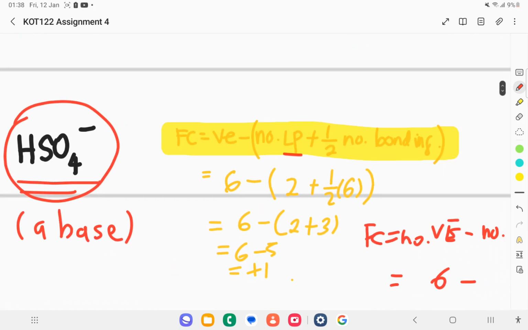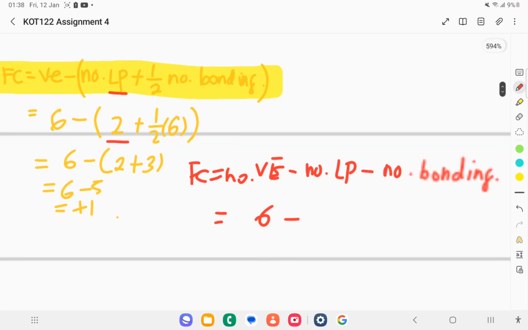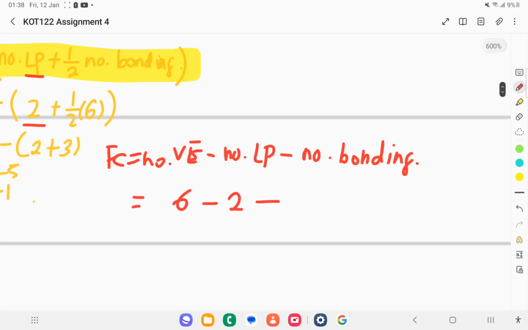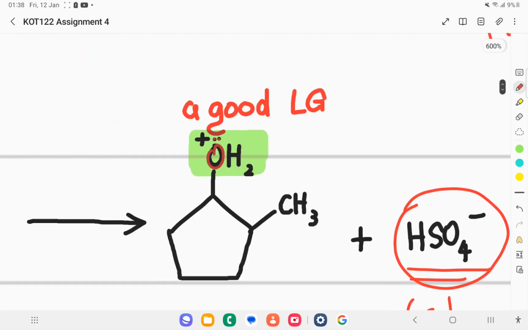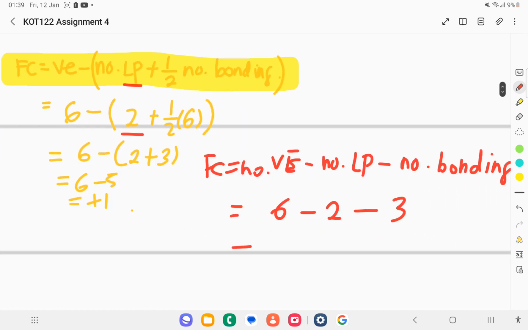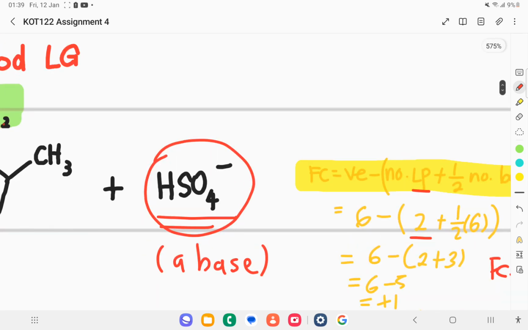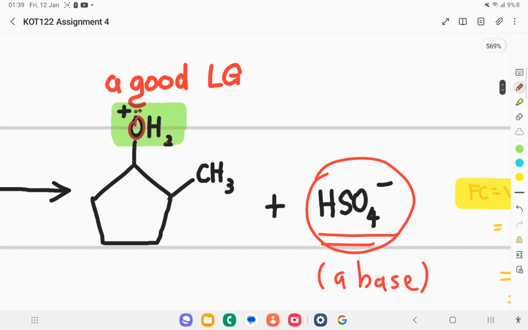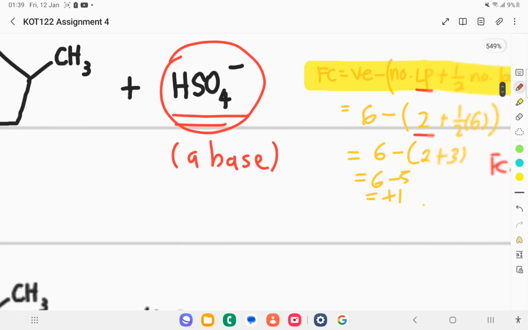So we have 2 lone pairs, minus 2, and then minus number of bonds. The number of bonds is 1 with carbon and 2 with hydrogens, so a total of 3 bonds. So 6 minus 2 minus 3 gives positive 1. Because of this, the charge on the oxygen atom must be positive.